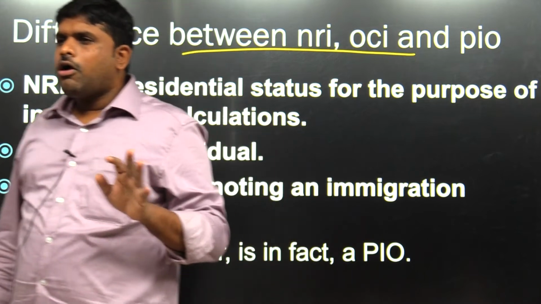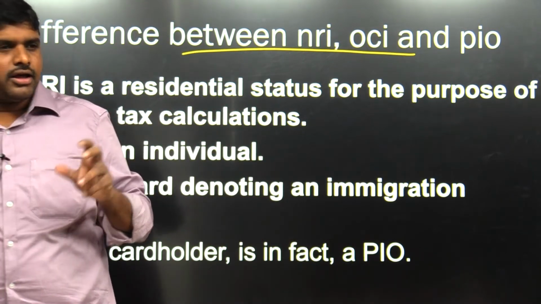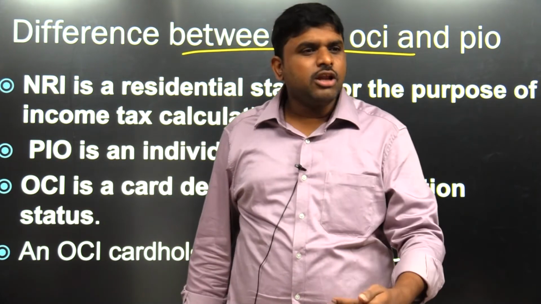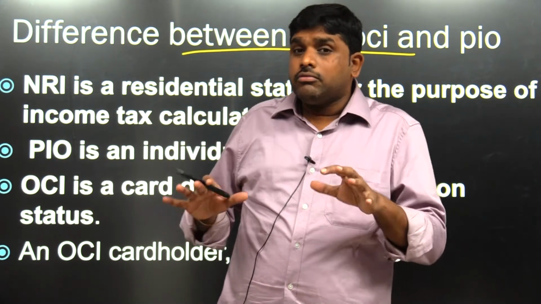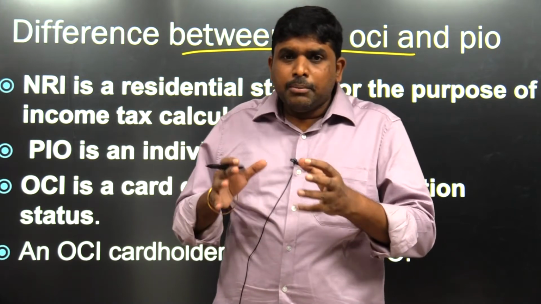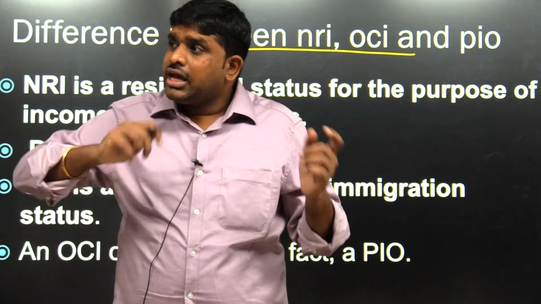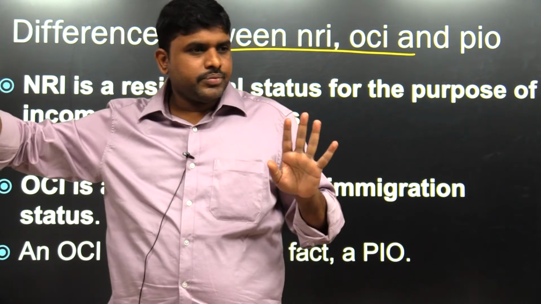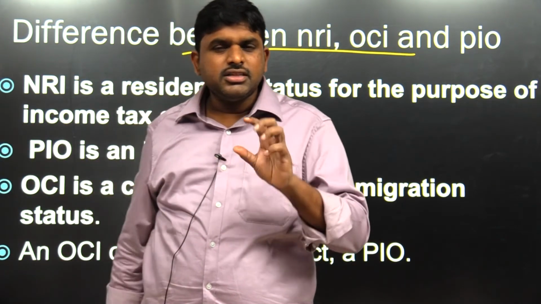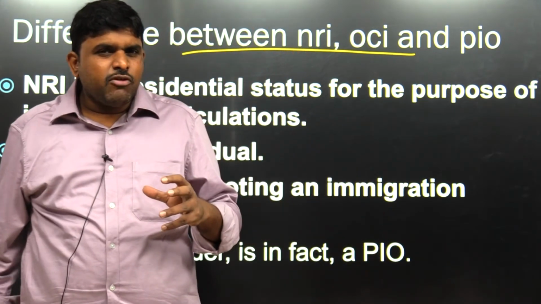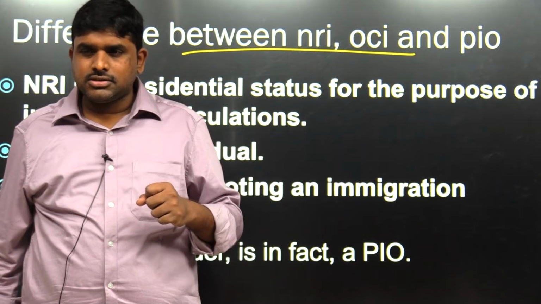OCI, or overseas citizen of India. What is an overseas citizen of India? He didn't get citizenship, but he had some origins, descent, his parents, and he got settled in a foreign country. This is an innovation of 2005. The government of India wants to bring back these Pravasi Bharatiyas.